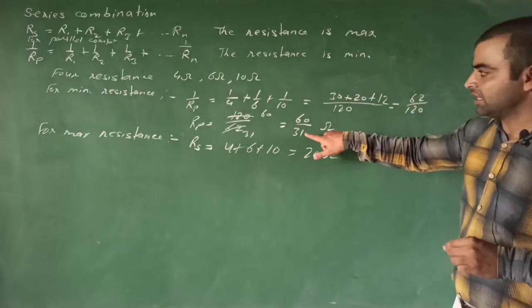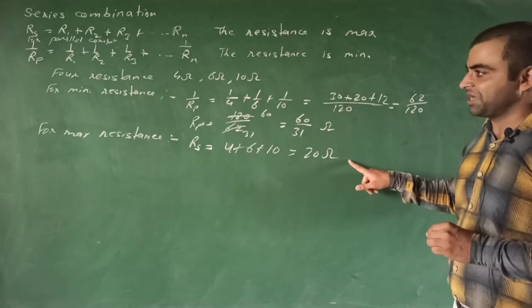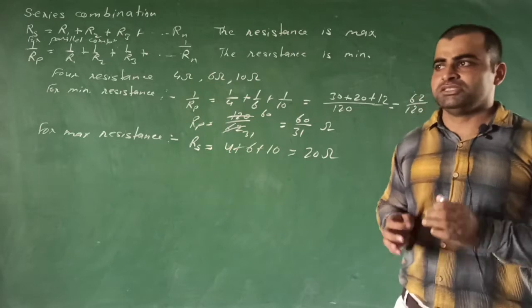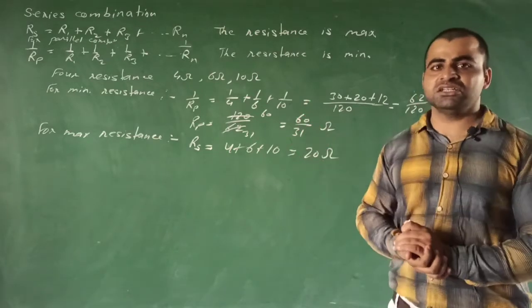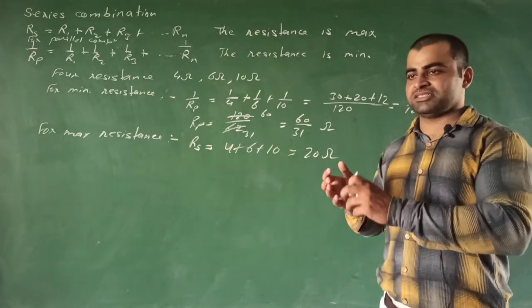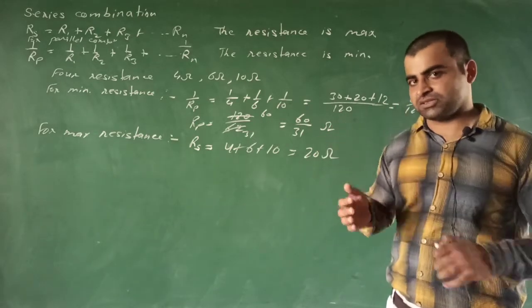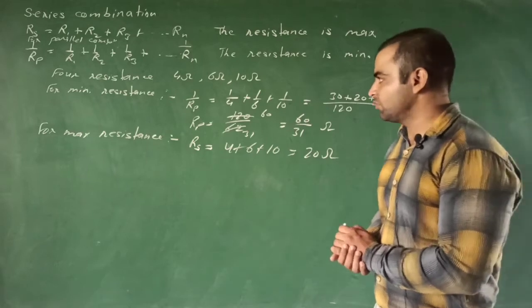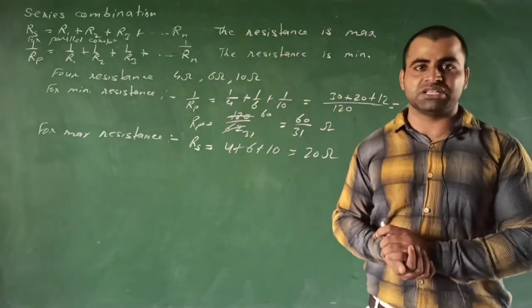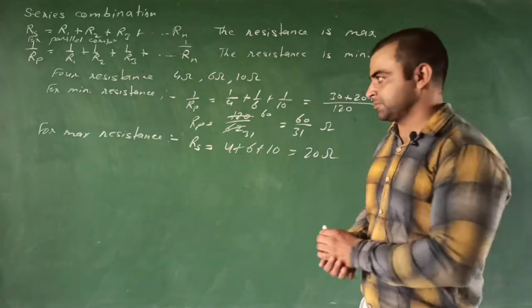You can see here, this is the minimum resistance, this is the maximum resistance. So when we have to find the maximum resistance, just combine the resistances in series. When we have to find the minimum resistance, combine the resistances in parallel. Is it clear? Okay. Next, the advantage of parallel combination over series combination.